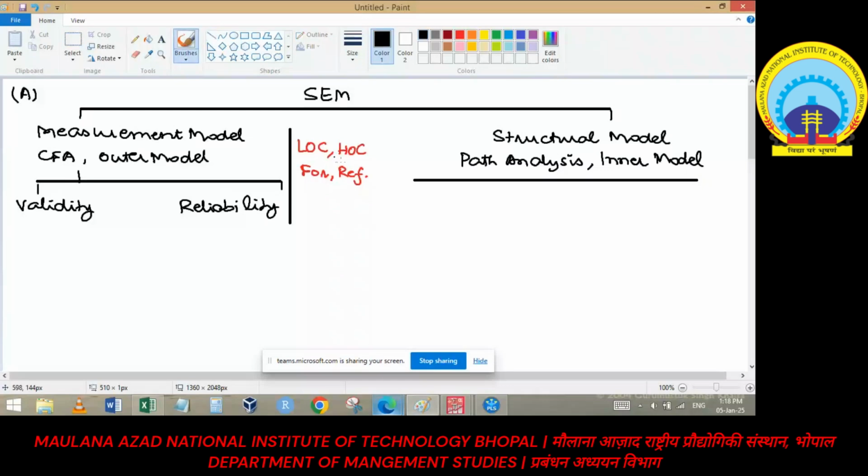A relationship can be of 2 types. It can be a direct effect, meaning A leads to B, or there may be some sort of intervening variable.